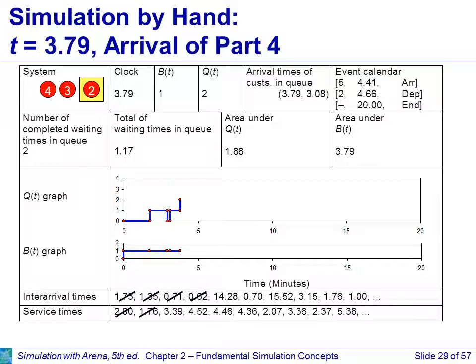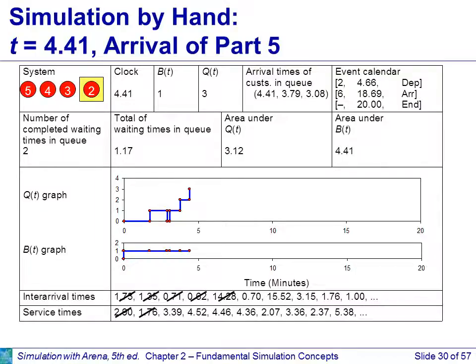So it's 0.71 here. And so when we add 1.17 and 0.71, we get 1.88. And of course, the area under BT has changed, which is this whole thing, which is 3.79 multiplied by 1. That gives us the area under BT.